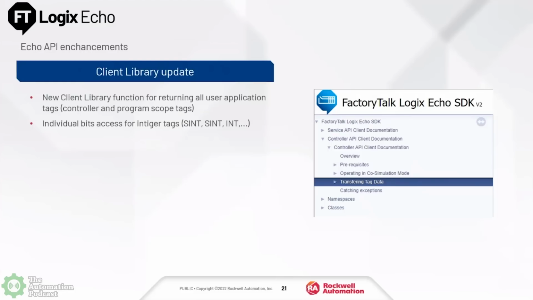For your different integer tags, your SINTs, your INTs, you can actually now go down to the individual bit level. For some people that might not necessarily be exciting, but for me, being able to tie a Boolean to an integer or a DINT was a huge deal when you can save that memory by using a DINT and just pointing to the individual bits of that tag.